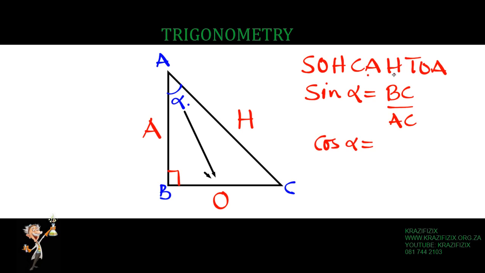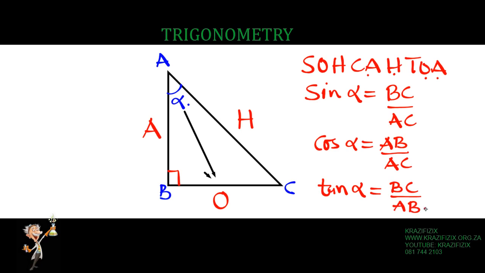Where is my adjacent? AB, over AC. Do you see it's good to label? What is tan alpha? Opposite over adjacent. BC over AB. That's how we deal with it.